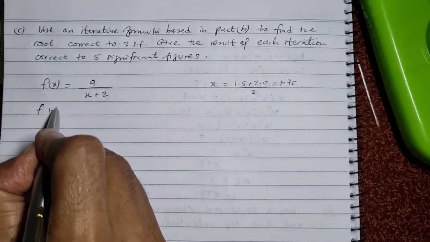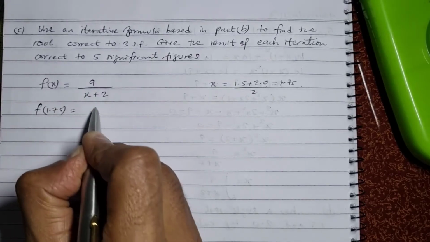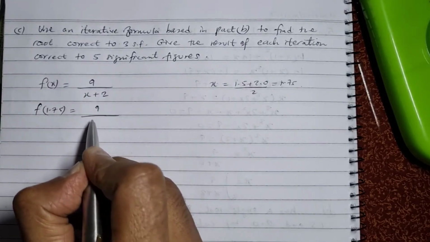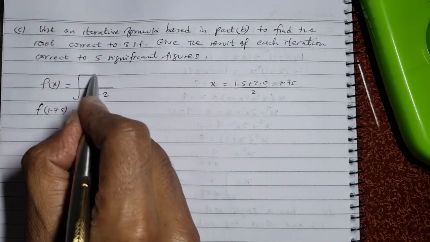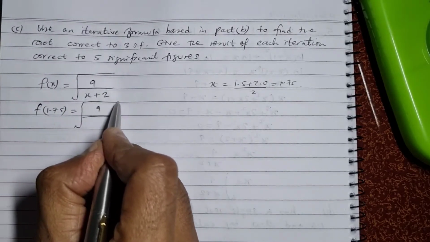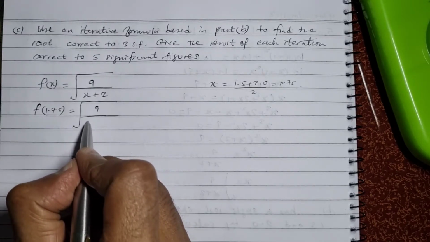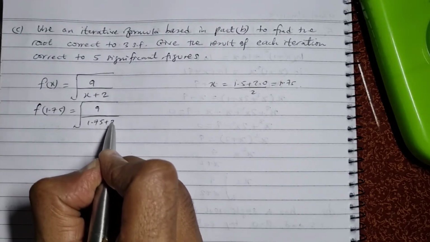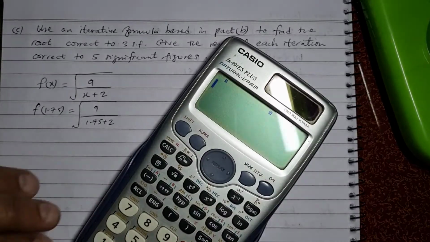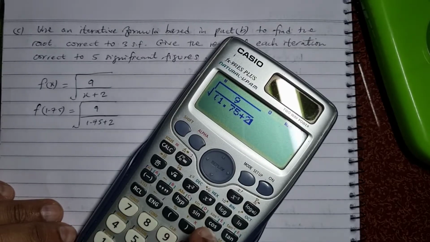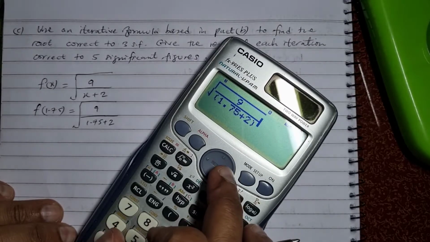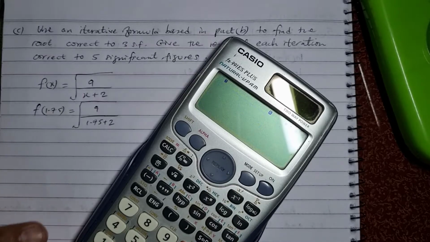So we compute the square root of 9 over (1.75 + 2). Let's do that on a calculator.